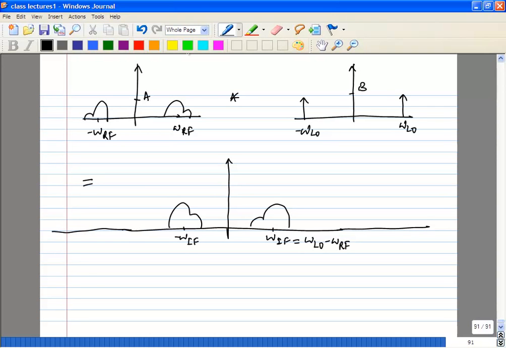You also get the sum of the frequencies, not the second harmonic.